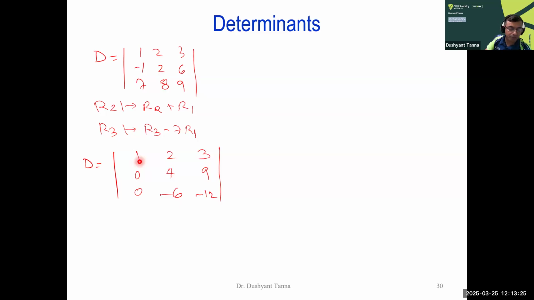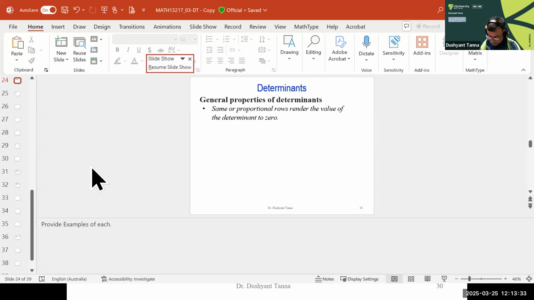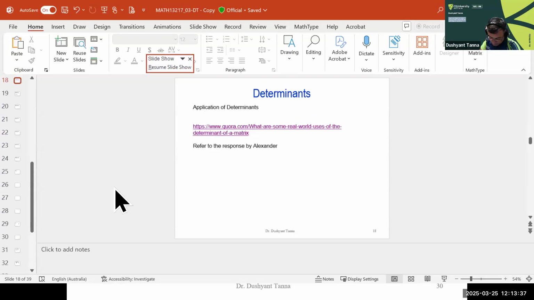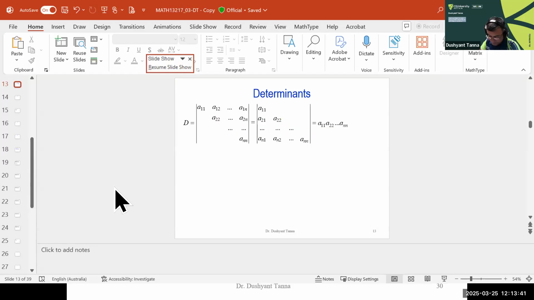I'll show you, it was over here very early: if all the lower elements are 0, upper triangular matrix, then the value of the determinant is simply to multiply the diagonal elements, nothing else.